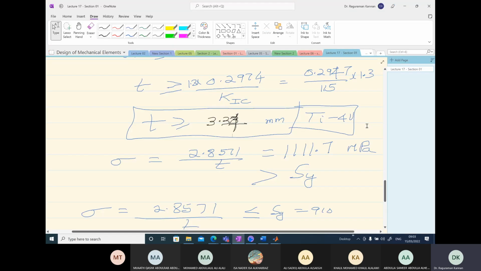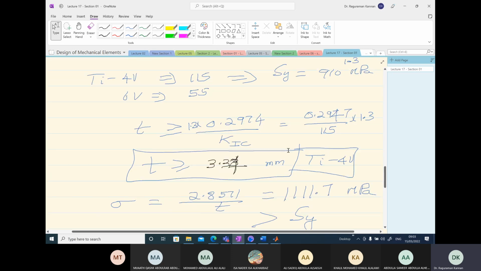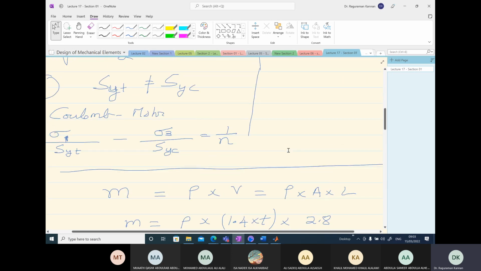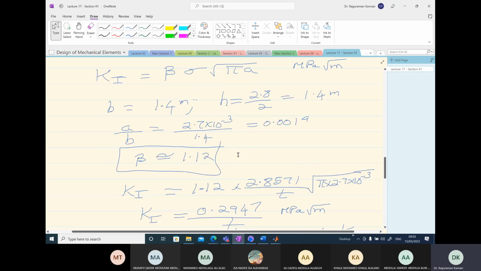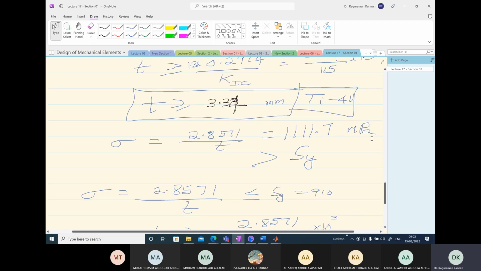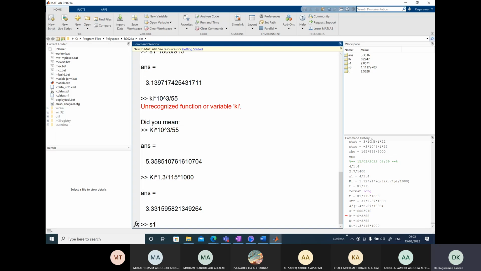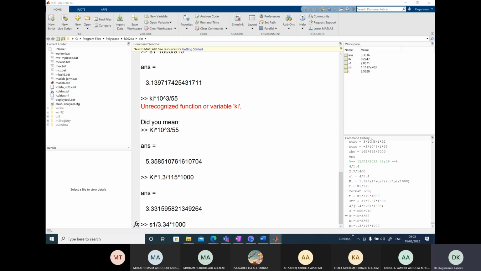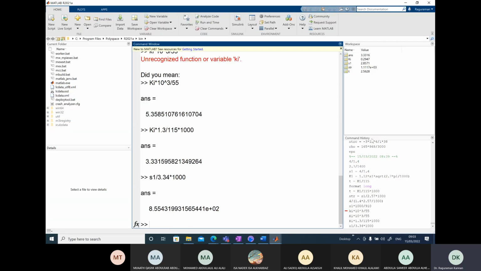S1, 2.8571 is the stress, if I remember, yes, over 3.34, in meters, 1000 multiplied. The stress value, we get 855.